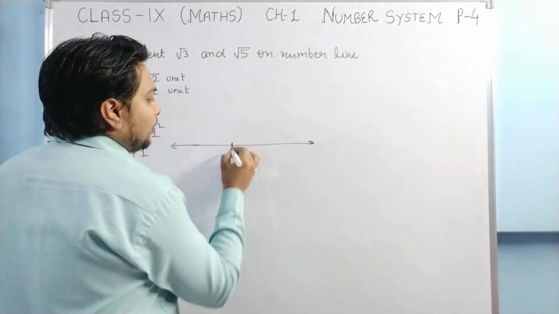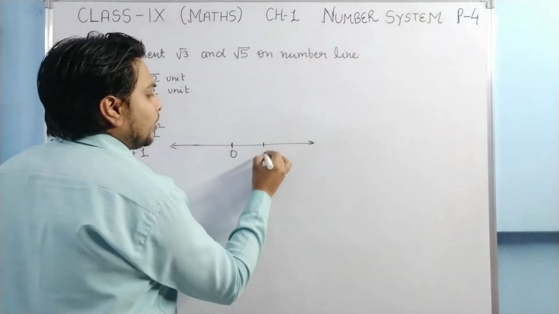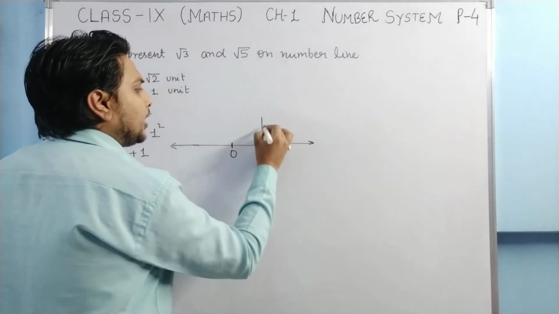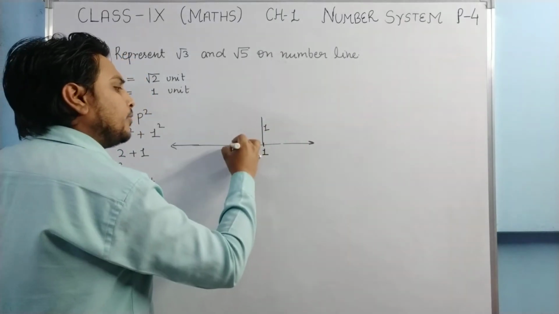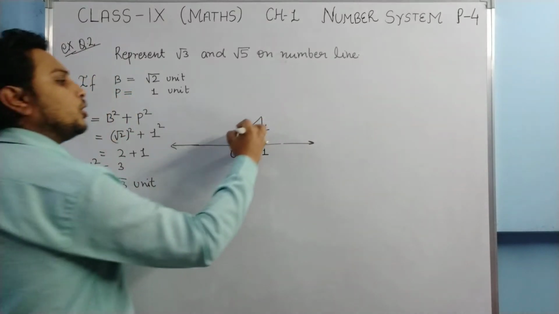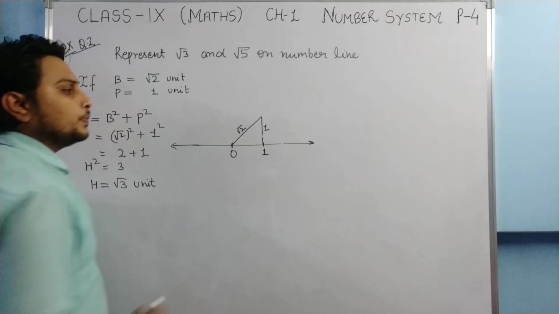The procedure for showing under root 2 is the same. 1 unit we will take as base, 1 unit we will take as perpendicular, and then we will join it, so it is your hypotenuse which will surely show under root 2.